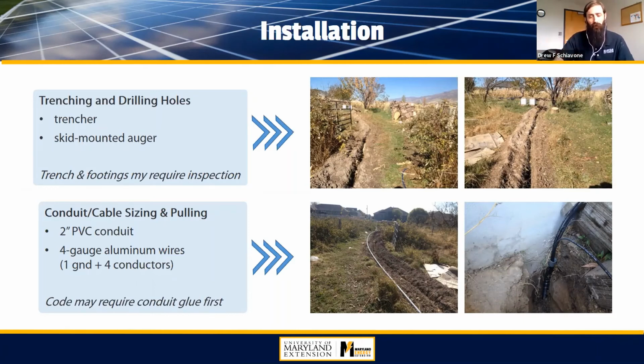In this case, we're using 4-gauge aluminum wires. This is because there are 2 series out in the field where this is installed. So there's 2 rows of modules, and so you're having 2 positives and 2 negatives, and then a ground wire, 5 cables total running through that conduit.